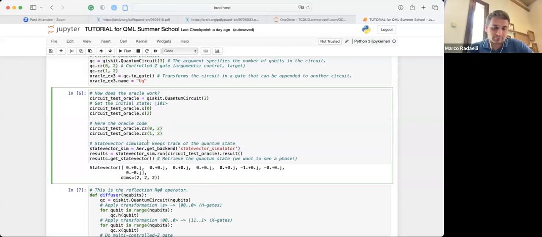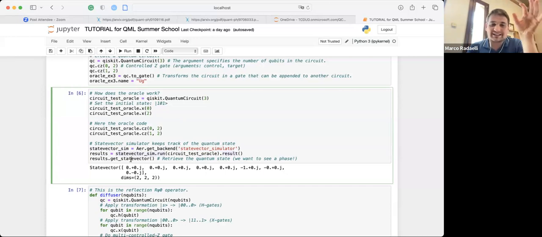At this point, what I'm doing is preparing a backend. A backend in Qiskit's language is an object which can run a quantum circuit. It can be either a true quantum device, or just a simulator on my machine. And the system is built in such a way that you can seamlessly turn from one to the other. Here you see that I'm running the circuit, so I'm asking it to simulate the circuit and to get the results.